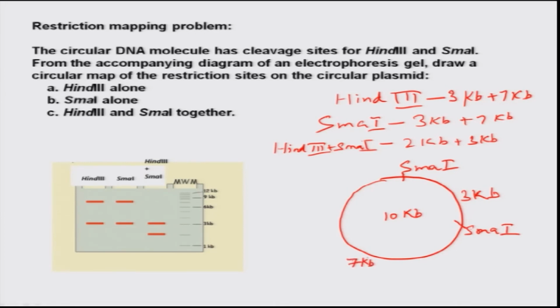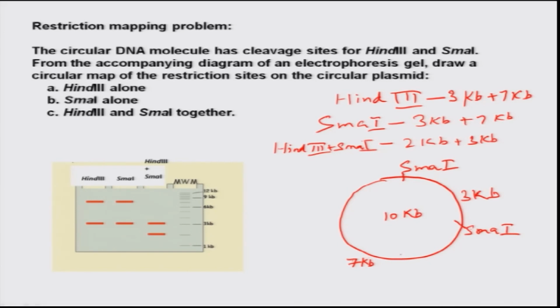Now if we look at the double digested products of Hin3 and SMA1, they yield a 2 kb and a 3 kb band, which is not the total of 10 kb. So that means that there should be two 2 kb and two 3 kb bands, which adds up to the sum of the vector, which is 10 kb.